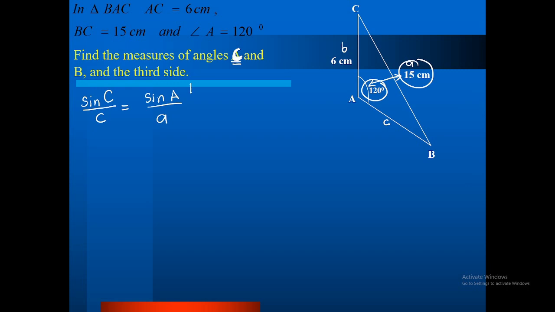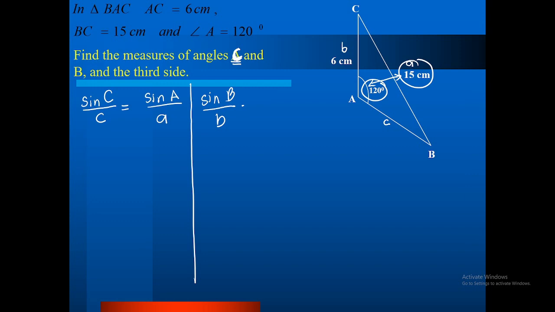Look at the other one, sine B over b. If this one cannot be solved, class, you'll use the other one, maybe we'll use B later on. Okay? So, using this one, we have sine A over a.